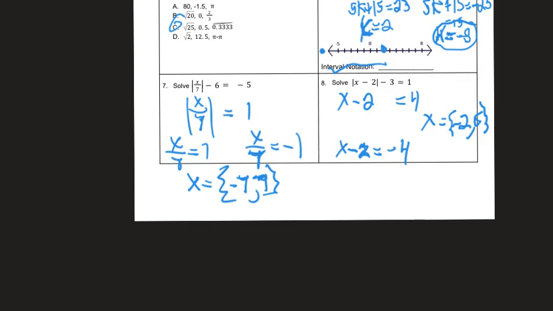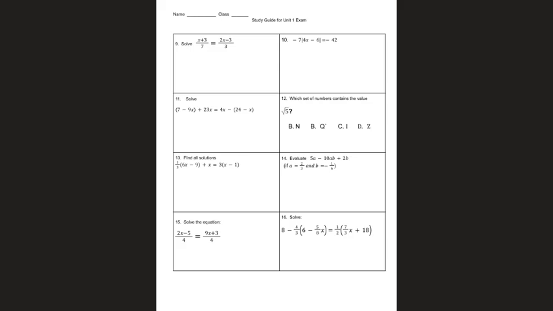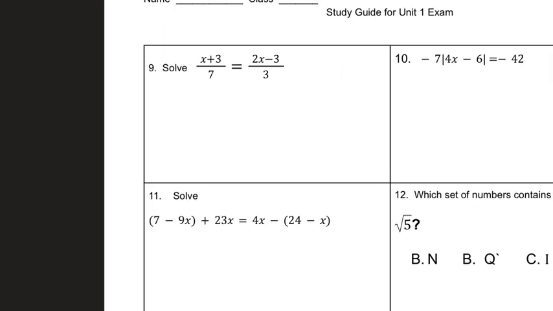The next page, if I can find it. So we could try to multiply both sides by some number to get rid of everything. Or this one is a really nice crisscross, right?